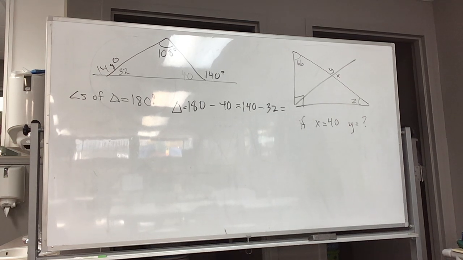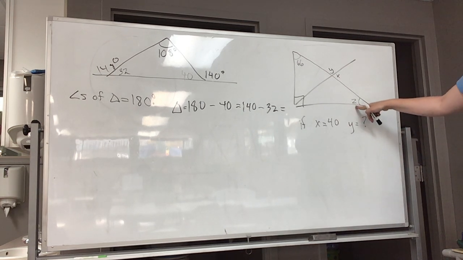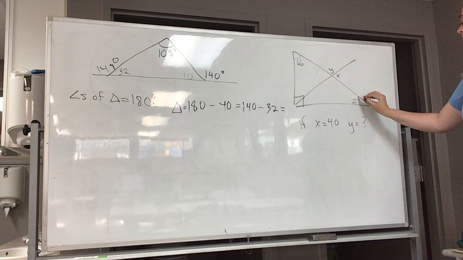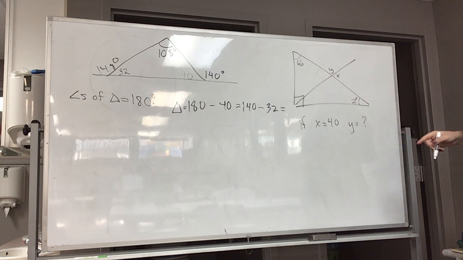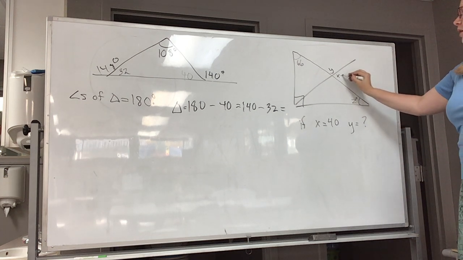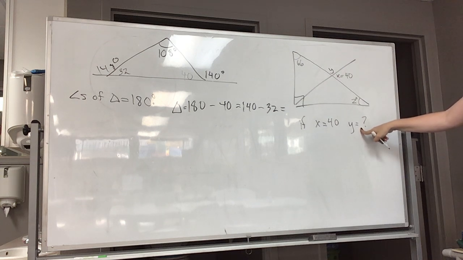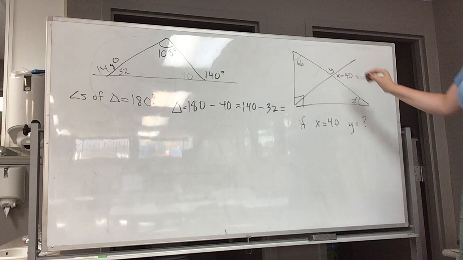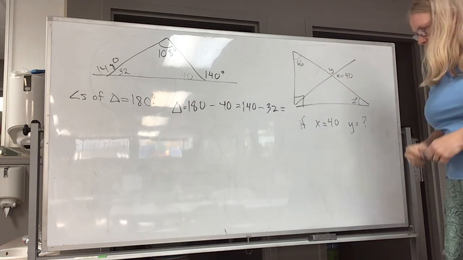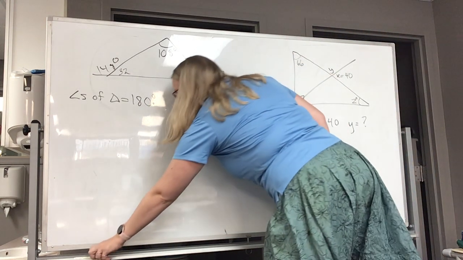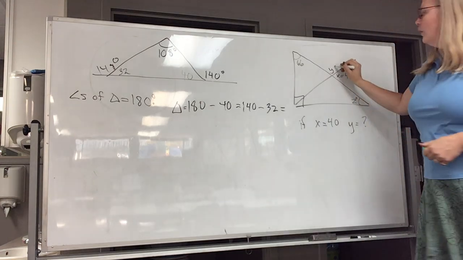You've got a right triangle, you've got 66 degrees, you have this angle called Z, should put a degree by it. You have X and you have Y. And they tell you if X equals 40, I am always big on writing that in. They want to know Y. And knowing what you're looking for is very important. We are looking for y.